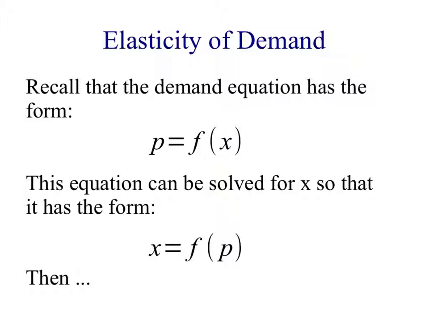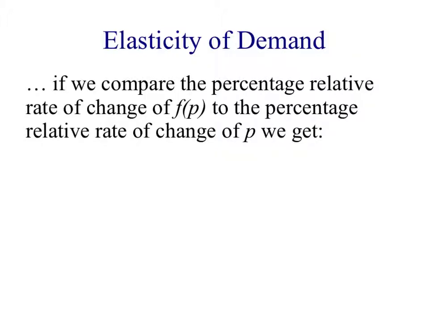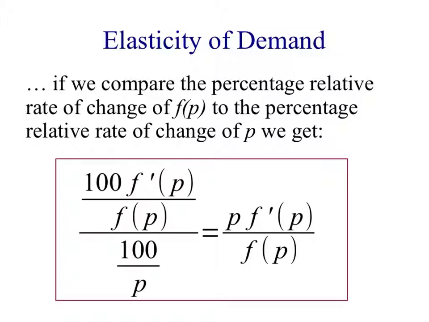Then, if we were to compare the percentage relative rate of change of f of p to the percentage relative rate of change of p, we get this pretty complicated fraction: 100 times f prime of p over f of p, divided by 100 over p. When you simplify that expression, you get p times f prime of p over f of p.